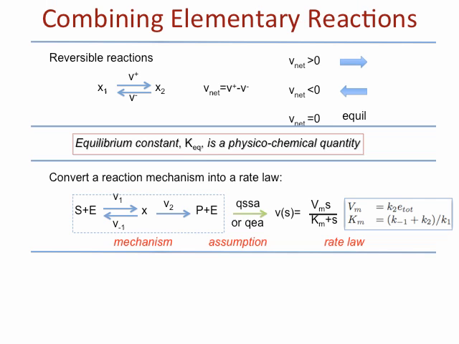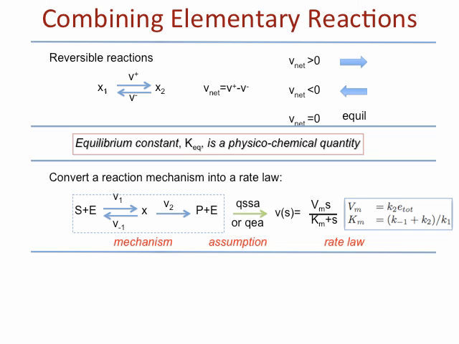The combination of elementary reaction rates can get much more complicated than the simple example above shows. A classical reaction mechanism in biology is the Michaelis-Menten reaction mechanism. It's shown in the dashed blue box.